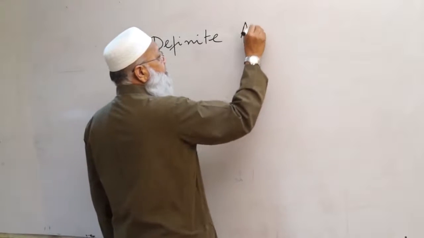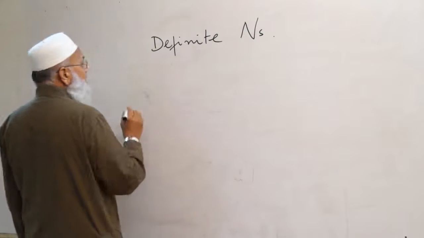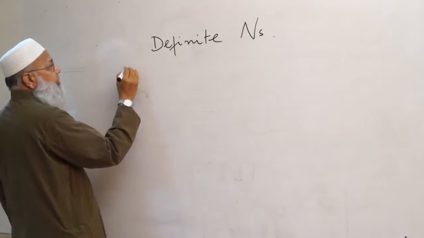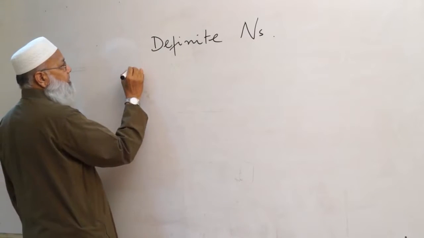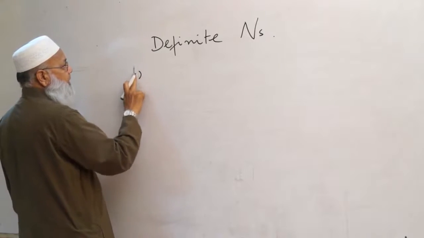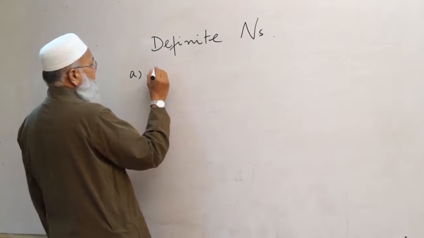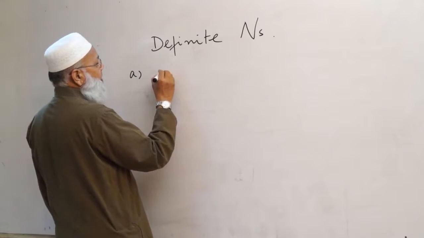Definite nouns. The kinds of definite nouns, number 1, or you can say A, is a proper noun.